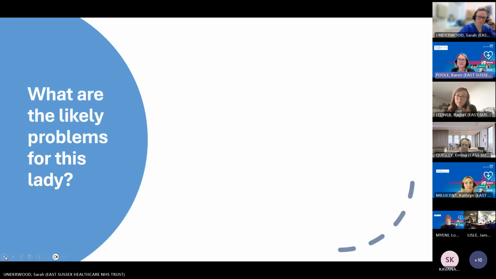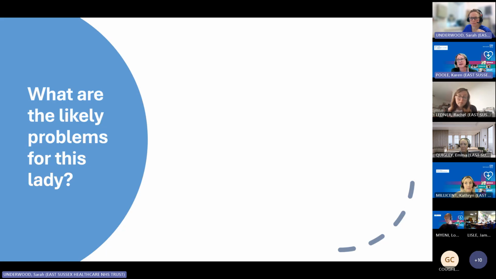Absolutely, 100%. Perfect. Any last? Go on. Dignity, because if she's in that position, it's a very vulnerable position. She can't feel active in her life, and she's very dependent on other people. Yeah. Isolation, perfect, as well.